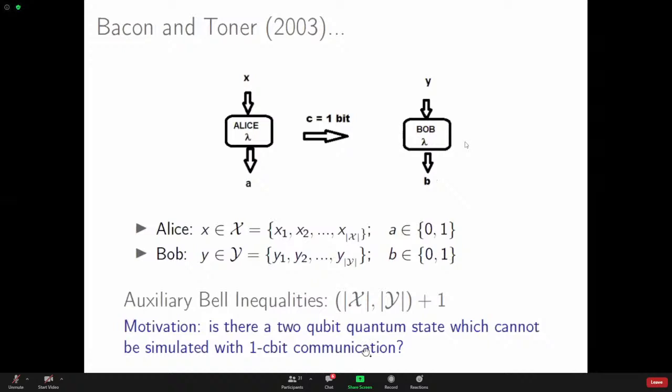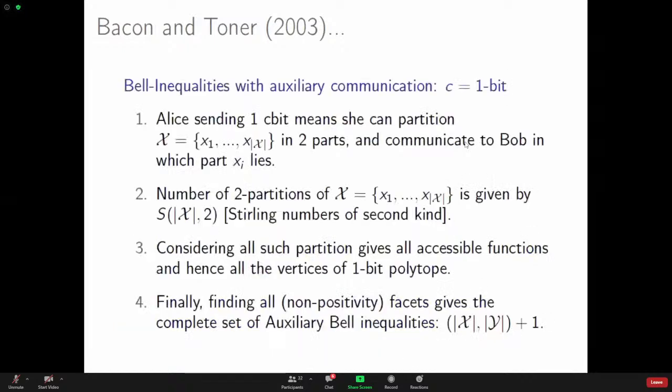So if with any 2-qubit quantum state one gets a violation of this auxiliary Bell inequality, then it would mean that that particular 2-qubit quantum state cannot be simulated by 1 C-bit communication. Here are just the steps in the derivation, how to derive this Bell inequality with 1 C-bit communication.